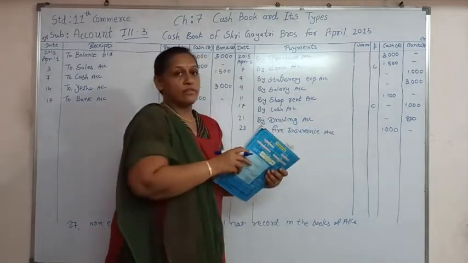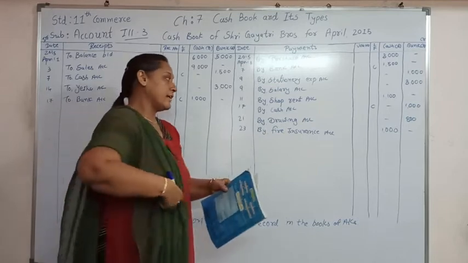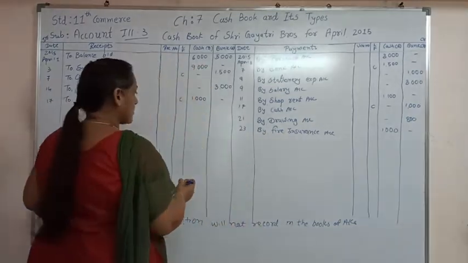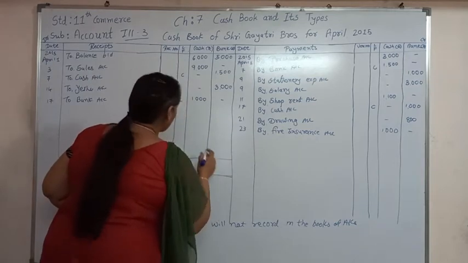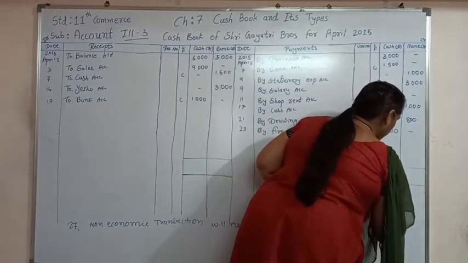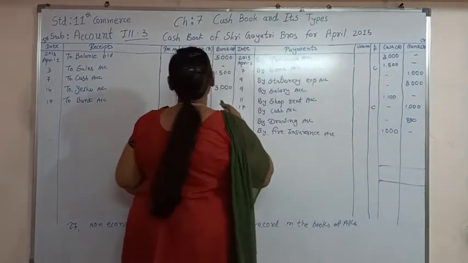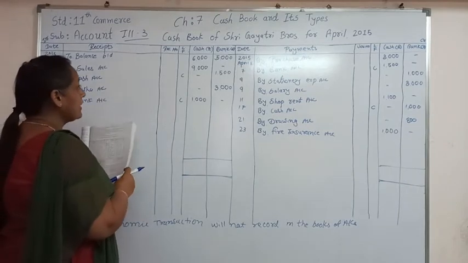So here we are finished with all the transactions. Now we have to find out the totals of both sides. Very first we are going to find out the total for the cash account and then we will find out the total of the bank account. On the debit side we can see 9,000, 6,000 and 1,000.